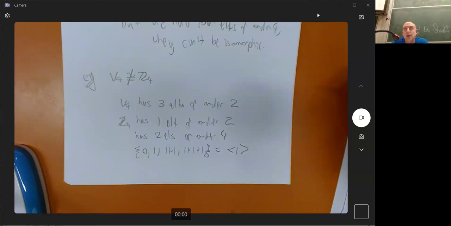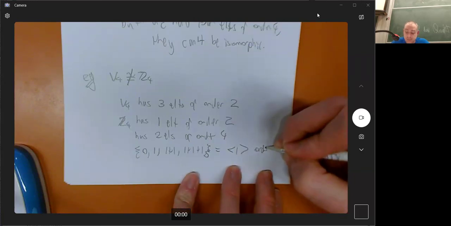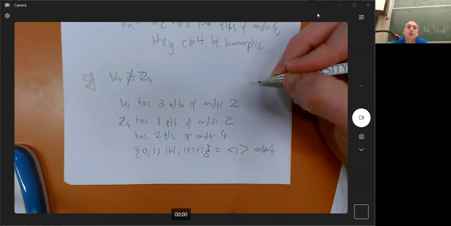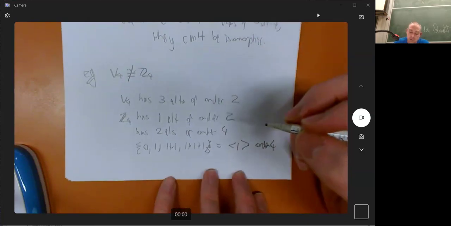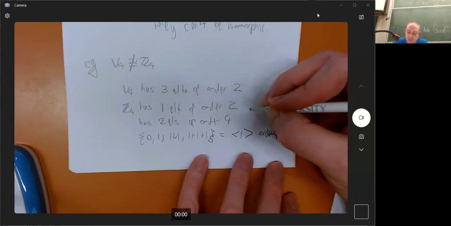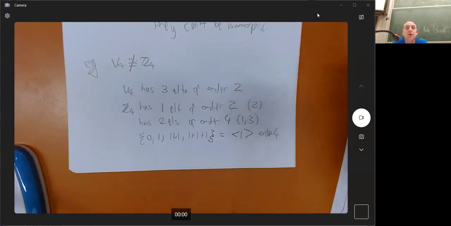Sorry, the subgroup generated by 1, and that has order 4, and the Klein 4 group doesn't have any elements of order 4. And the elements here are 1 and 3 that have order 4.